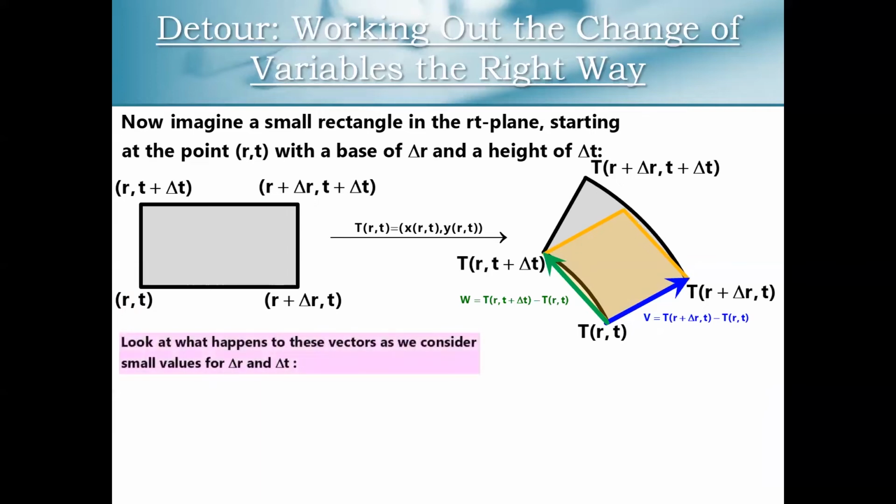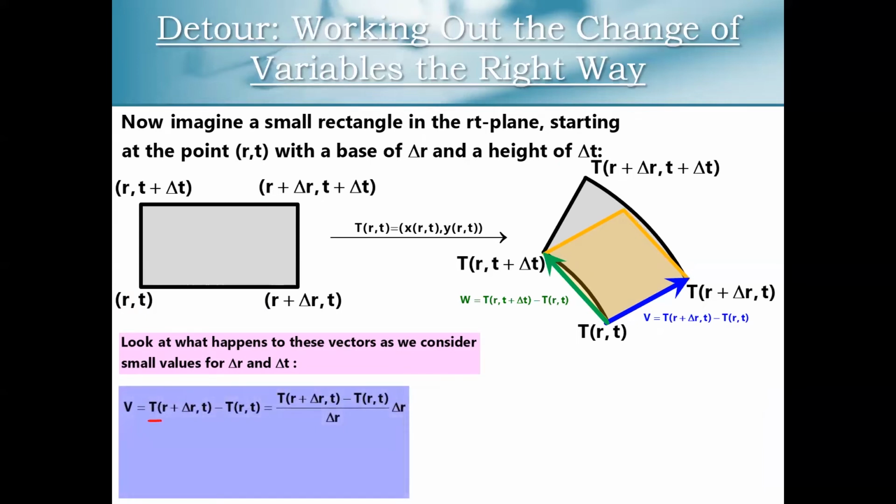All right, so let's try to figure out the area of the orange parallelogram, and then let's try to justify to ourselves that it's useful to find the area of this orange parallelogram. So here's what we do. Here's our vector v, and I'm going to do a little bit of an algebra trick here. I'm going to take my vector v, and I'm going to multiply and divide by delta r. I know that delta r is some non-zero quantity, and so I can multiply and divide my expression by delta r over delta r.